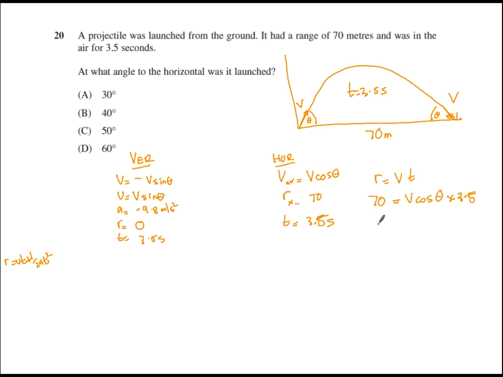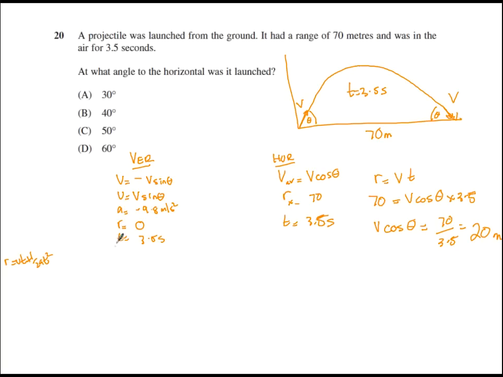As a result, I know that v cosine theta is equal to 70 over 3.5, and that equals 20 meters per second.